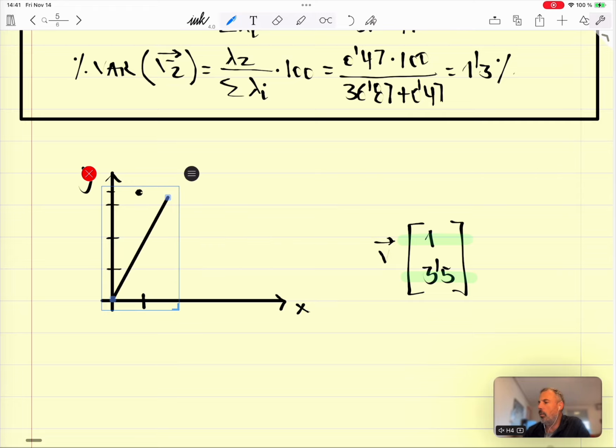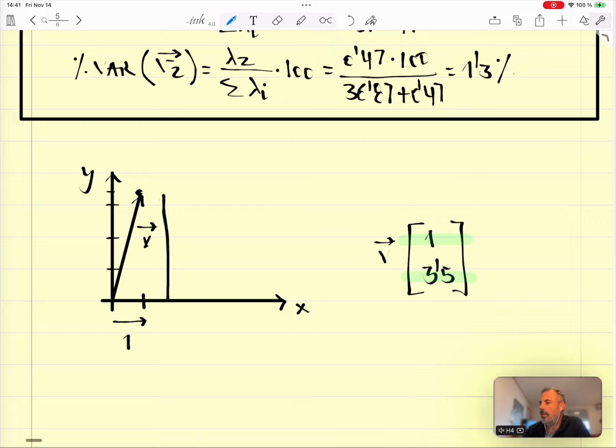If you want to move in that direction, you move 1 in the x and 3.5 in the vertical. All right? So that's the way it works. It's very easy, but if you don't get it explained with a graphic, then math is abstract.